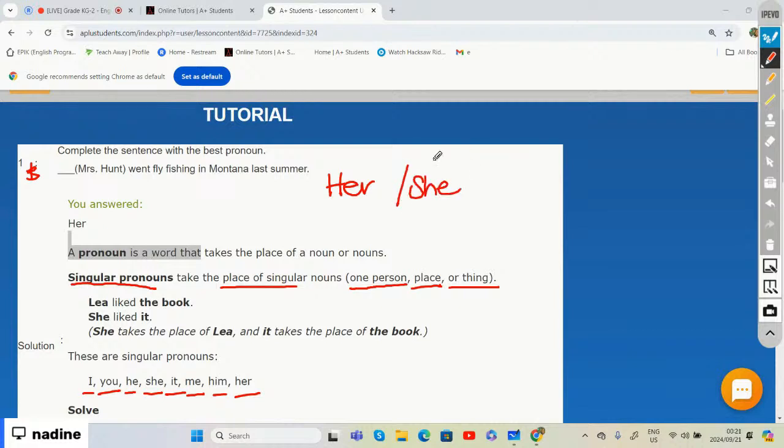Which one is correct? We need to replace Mrs. Hunt with the best pronoun. Do we say her went fly fishing, or do we say she went fly fishing? Which one is correct?